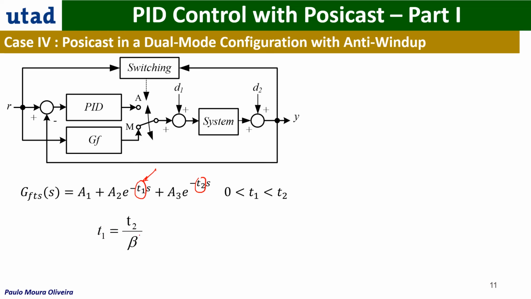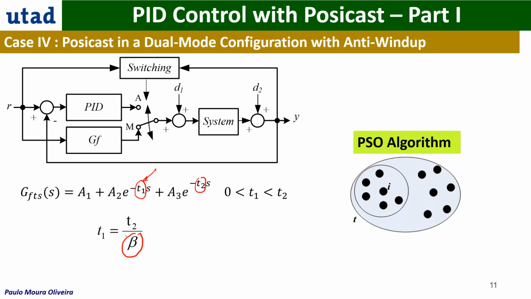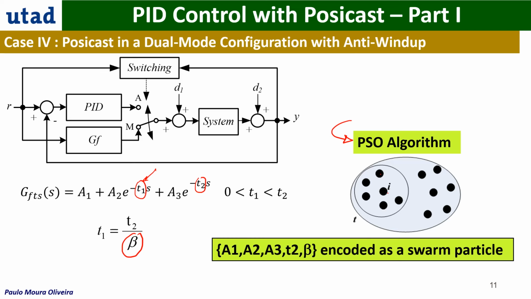In this case, we use this rule: T1 is a ratio of T2 using this beta. We use an optimization algorithm, in this case particle swarm optimization. Each particle of the swarm represents a candidate solution for the control design. The control design involves the constants A1, A2, and A3, and also involves T2.